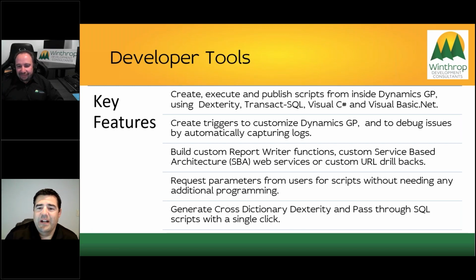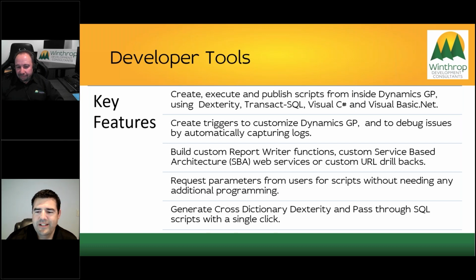All right, second module, talking about developer tools, and that's really getting into developers running scripts. So the first couple of ones are things that we typically had to do in SSMS. Maybe we don't want people going in there, and want to make it easier, not having to go in and out of GP for that. So executing, creating, and publishing scripts inside of GP, as well as creating triggers.